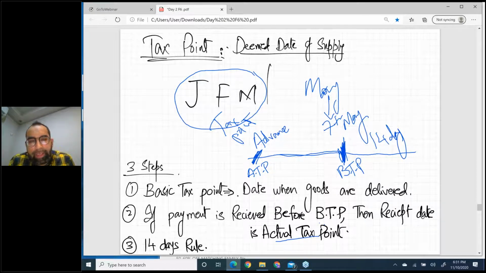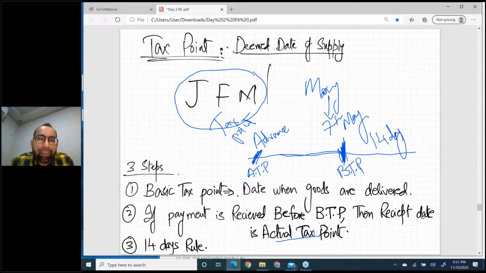I repeat. First of all, you have to check BTP. BTP, basic tax point, is the date when you deliver the goods. You mark it. Second, you have to check whether you have received any advance. If yes, then the advance receiving date will be your actual tax point for that advance amount.